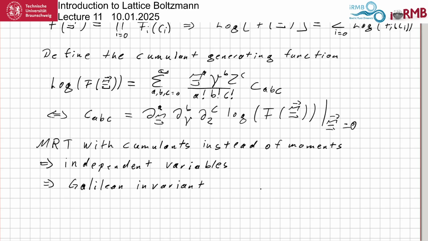The thing is, cumulants are not easy to calculate. Yeah, maybe we have a look at this later. So there are a lot of different troubles. First of all, it is not very straightforward actually to come up with an equation to calculate them in the first place.